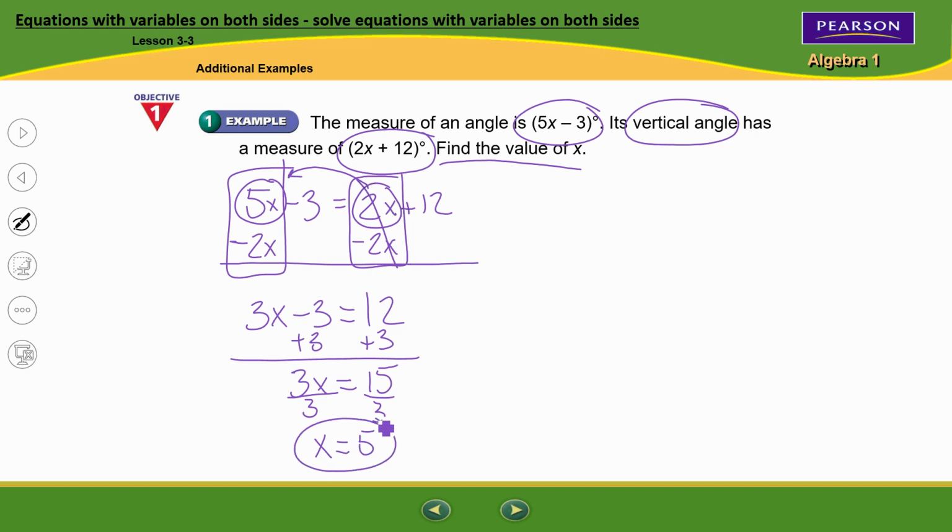Quick check. 2 times 5 plus 12. Hopefully that's equal to 5 times 5 minus 3. 10 plus 12, 22. 25 minus 3, 22. Checked out, works out, confident I have the right answer.